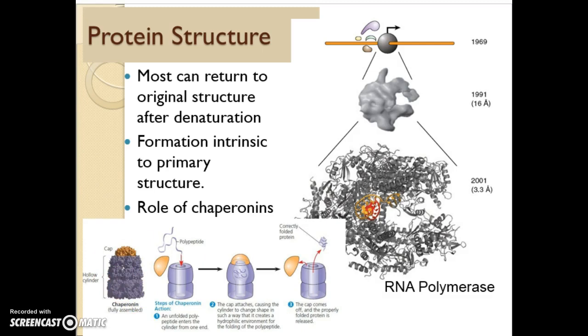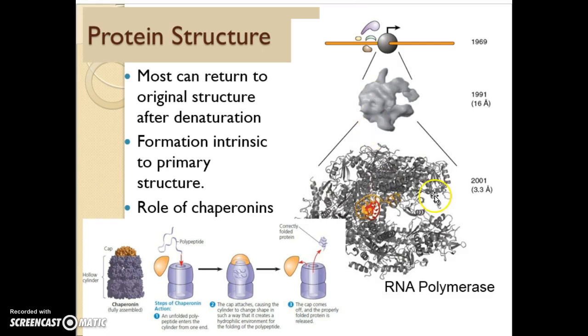If you get too many incorrectly folded polypeptides, you actually end up with a number of diseases. One of them is Alzheimer's, another is Parkinson's, mad cow disease is another. Each of these has in common a large number of incorrectly folded polypeptides.